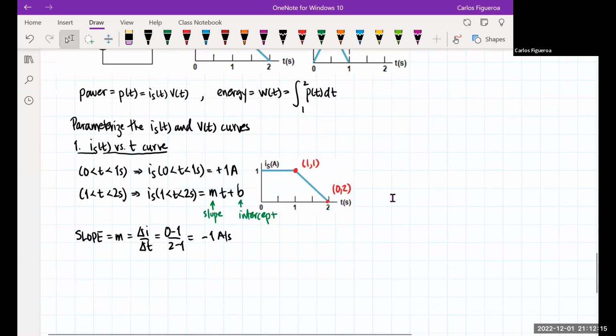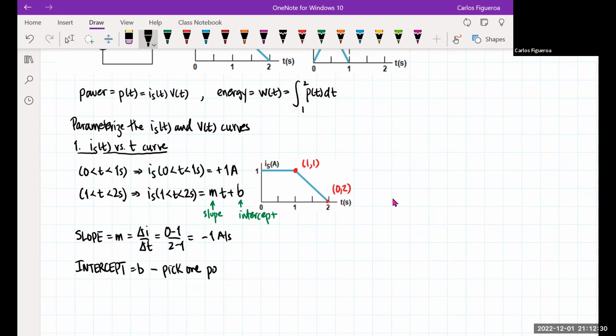Now to get the intercept, b, what I do here is that I pick 1 point along this line. So what we do know here is that the easiest point is to pick 2, 0. So let's look at that.